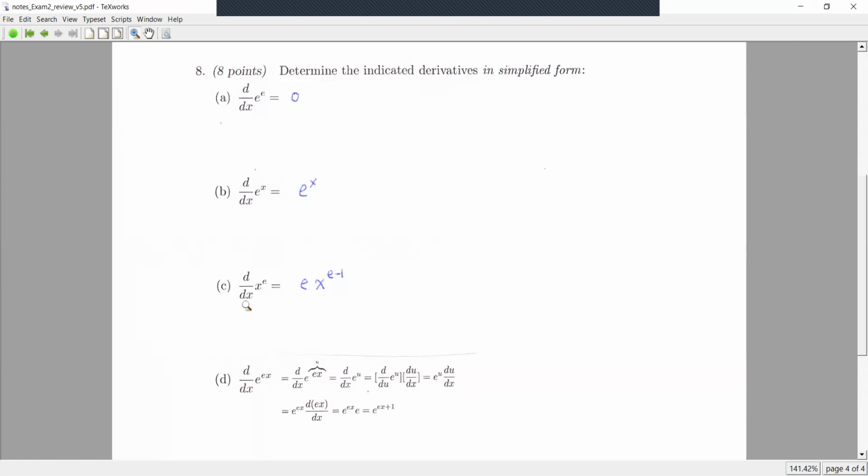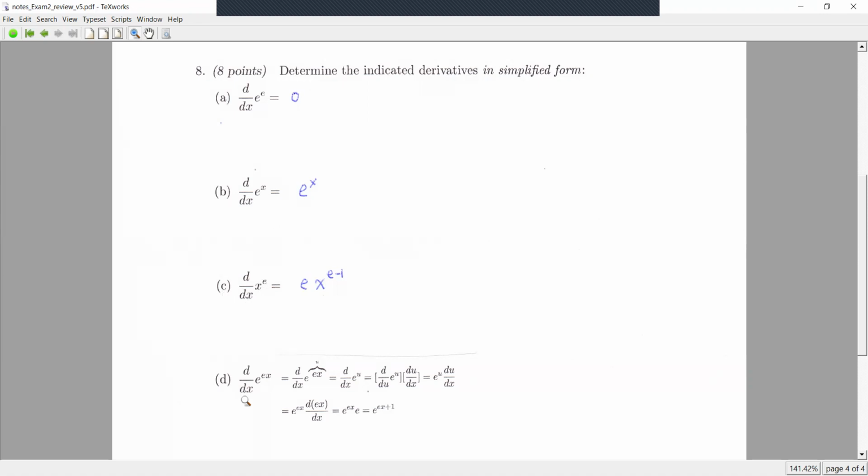Part C. The derivative of x to the e is e times x to the e minus 1. x to the e is a power function, so we can apply the formula for power functions to compute this derivative.